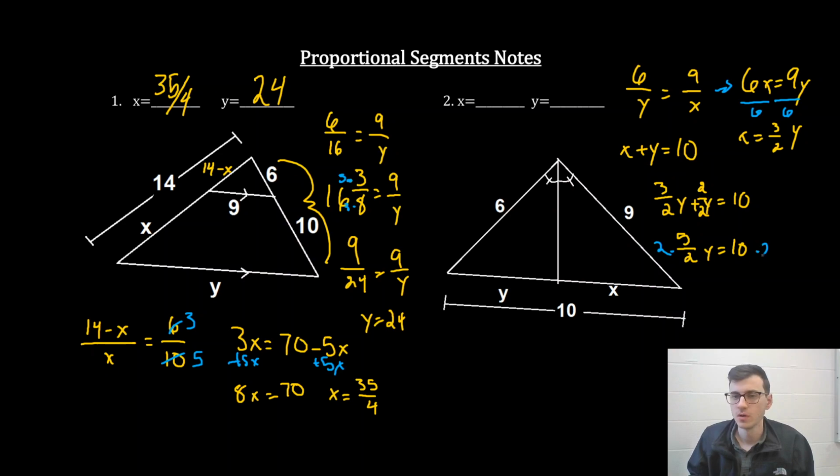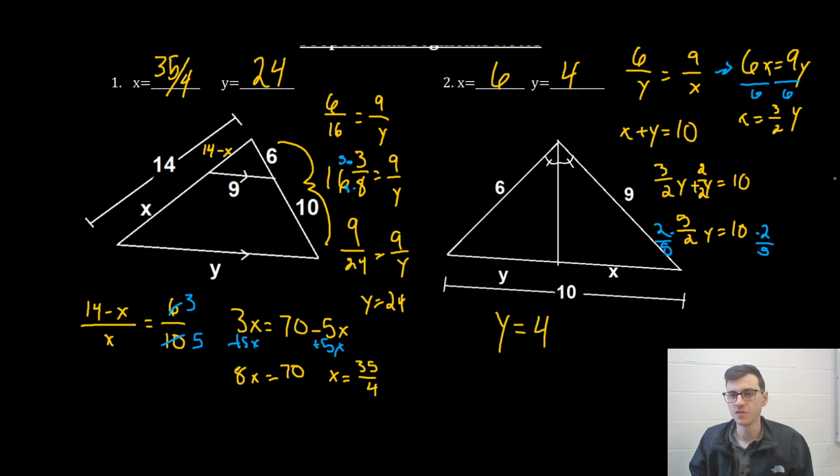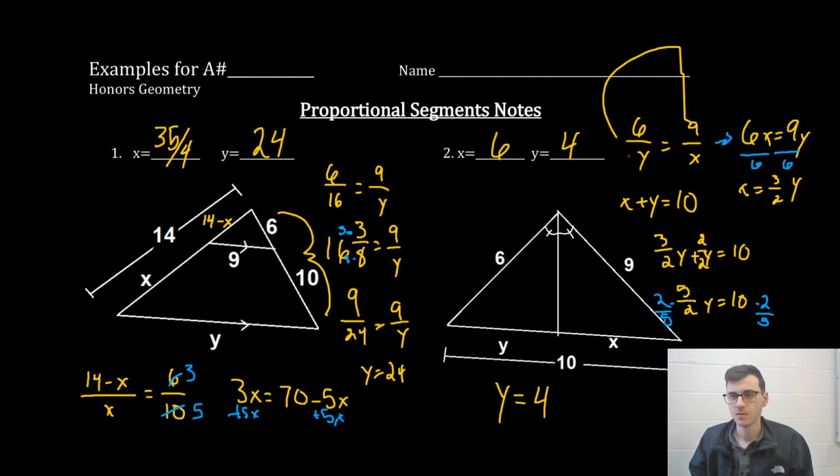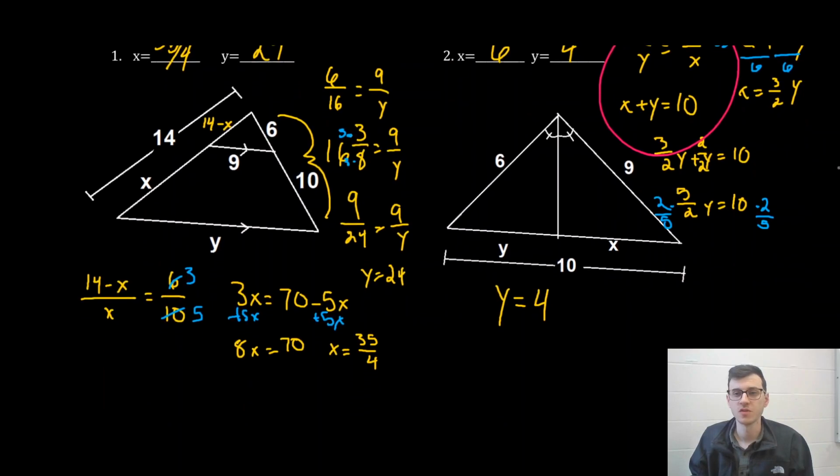Multiply by 2, divide by 5. We get y equals 10 times 2 is 20, divided by 5 is 4. So if y is 4, x is 6, because x plus y is 10. Really, as long as you can get these two equations right here, how you solve it is not super important, right? It's just a system of equations.